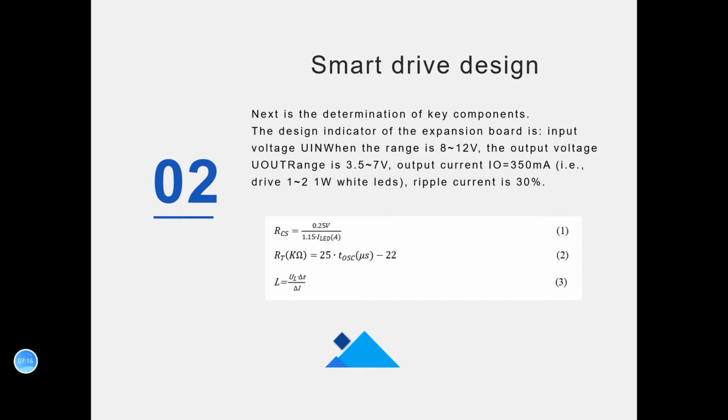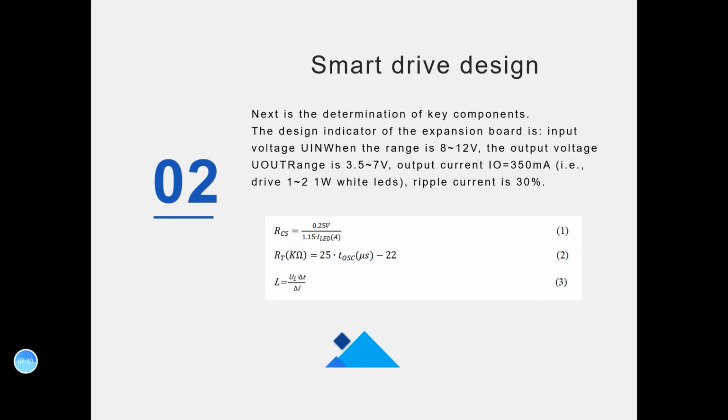Next is the determination of key components. The specification indicators of the expansion board are input voltage U in, in the range of 8 to 12 volts, with output voltage U out in the range of 3.5 to 7 volts.